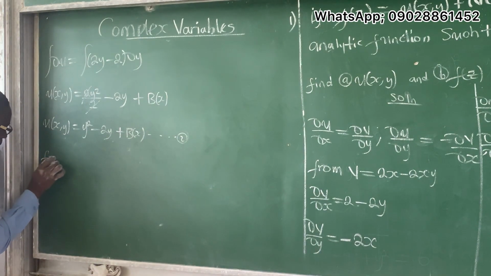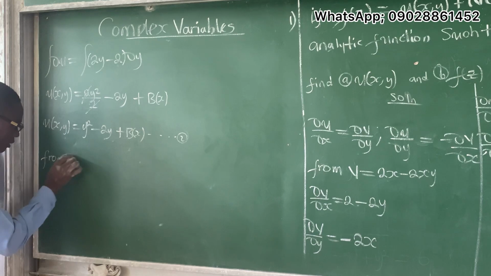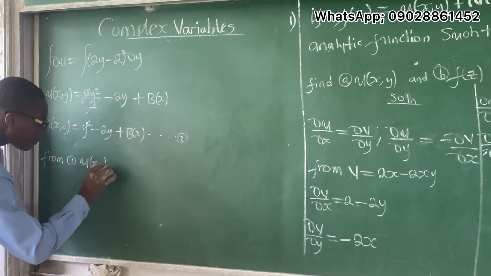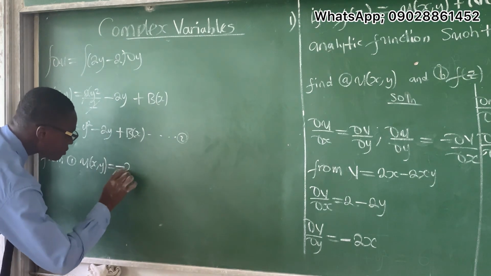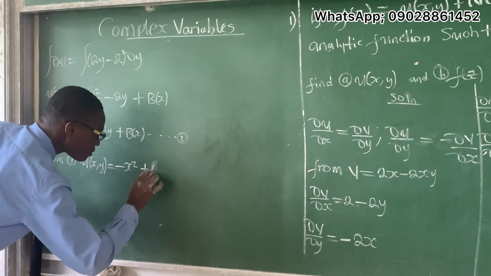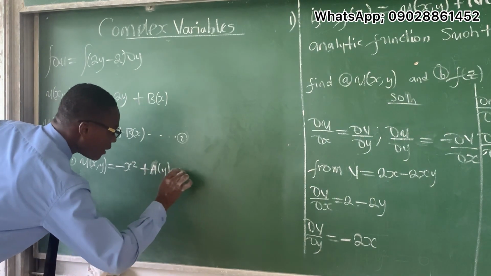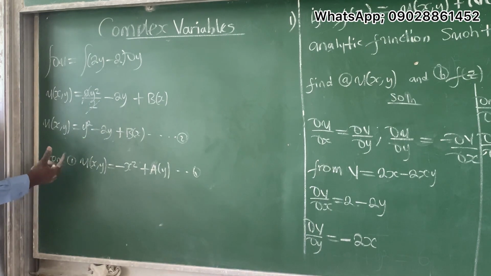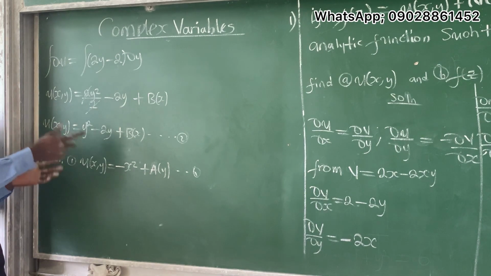From equation 1, we have u of x and y equals minus x squared plus a of y. This was equation 1. Comparing these two equations, don't forget that u of x and y is a function that contains both x and y.